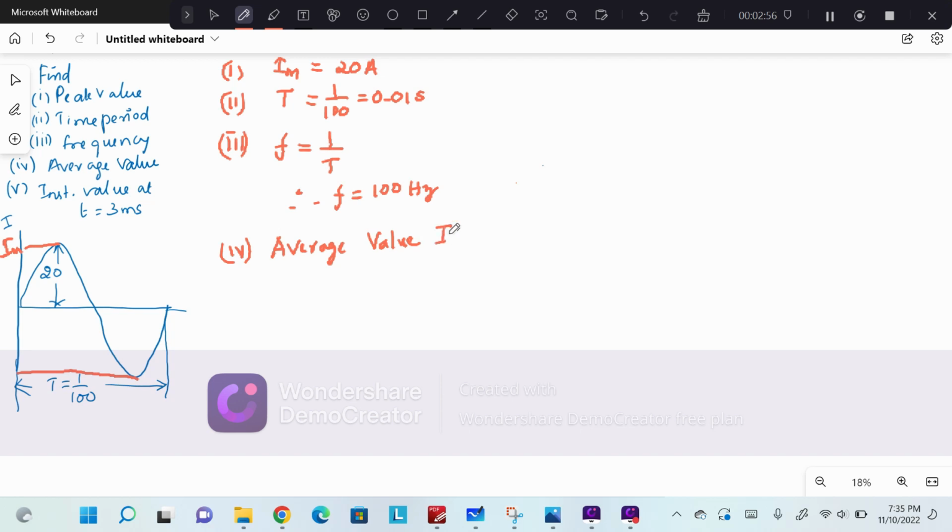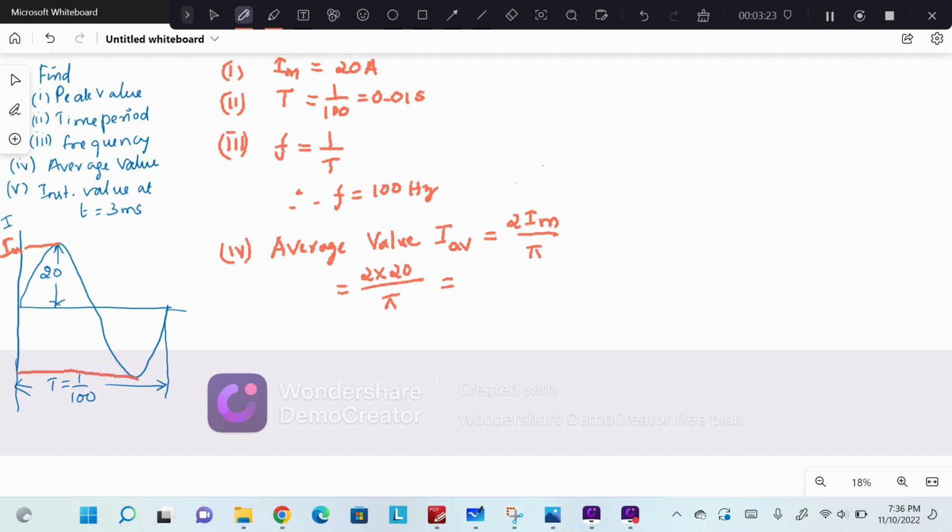Here the alternating quantity is current, so I average is given by the formula 2Im by pi. Im is given here. So we substitute the value of Im in that formula: 2 into 20 by pi. If you have the calculator, you can calculate it.